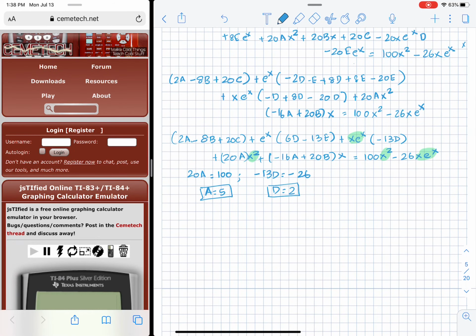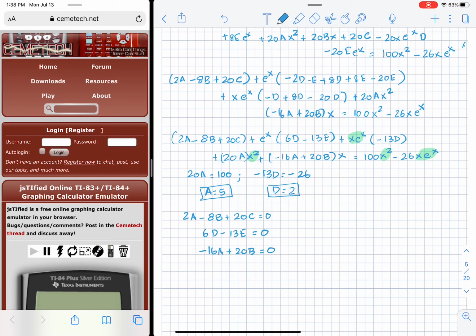Since there isn't a constant term on the other side, we have 2a minus 8b plus 20c equals 0. Since we don't have an e^x term on the other side, 6d minus 13e would equal 0. Since we don't have an x term on the other side, negative 16a plus 20b equals 0.